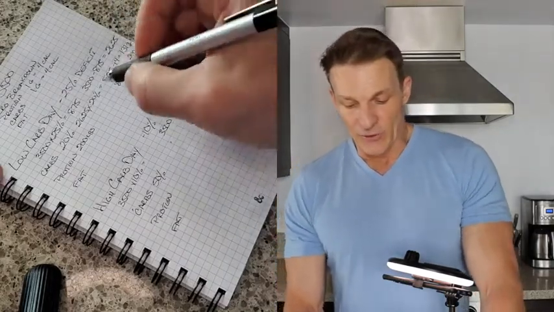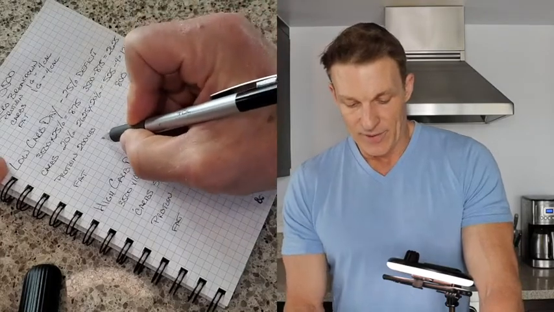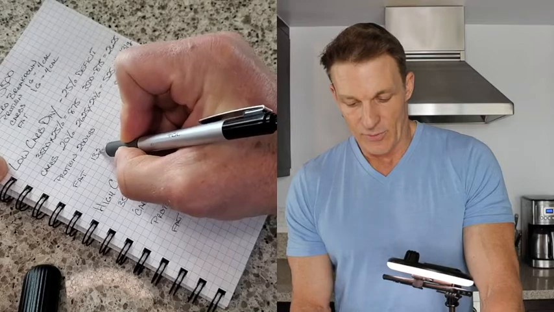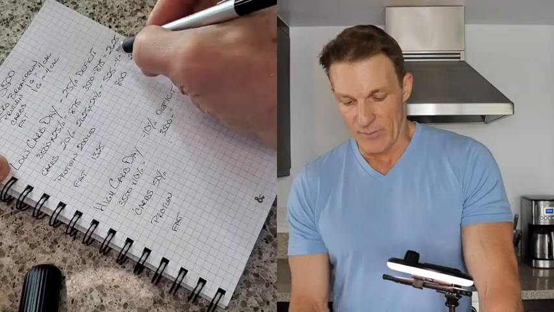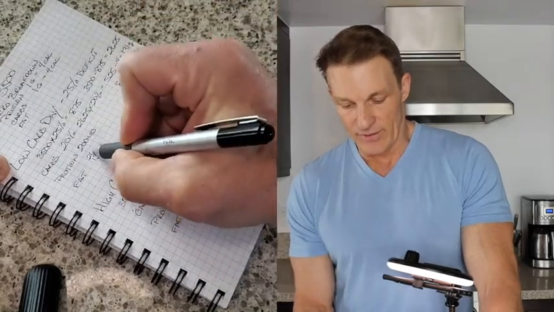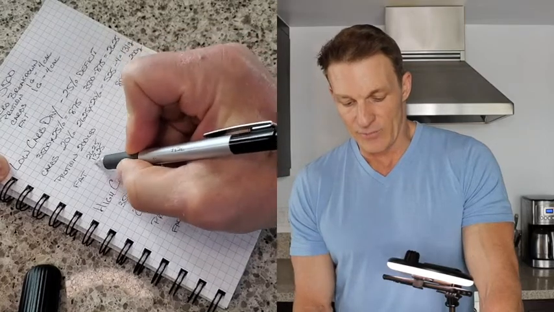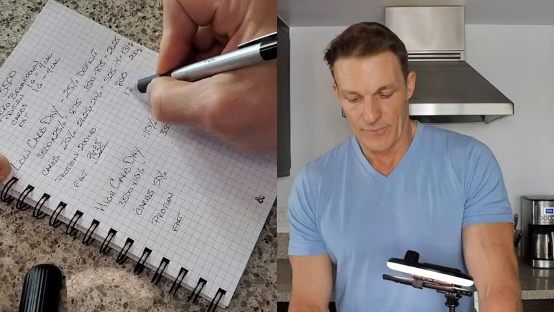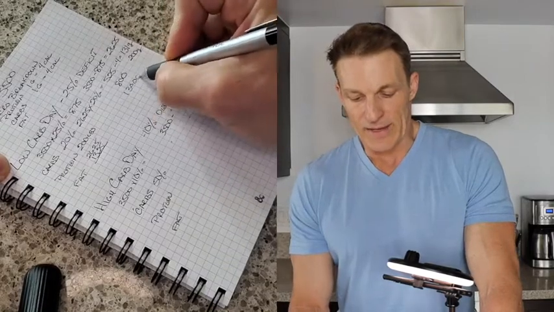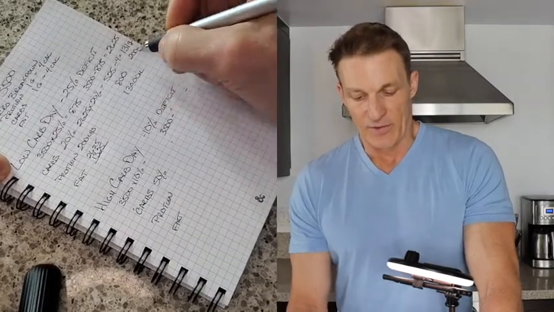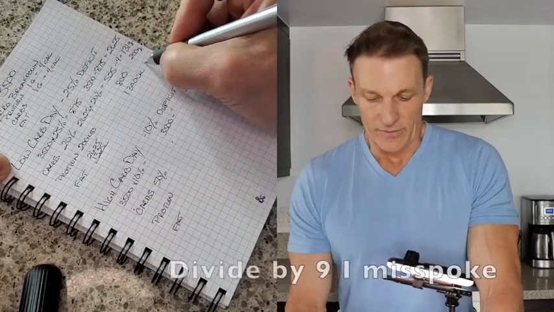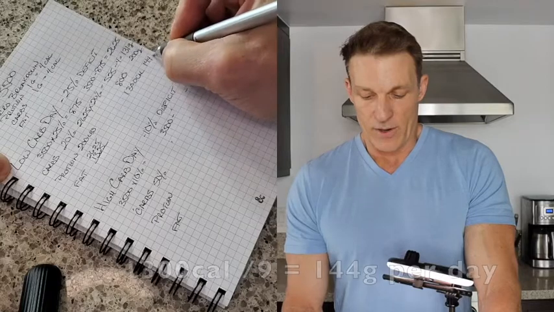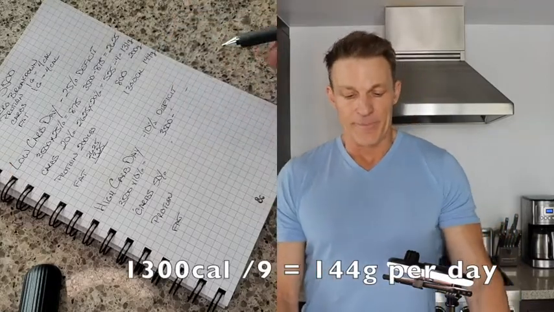If I add those two together, I get 1,325, and then I take my original number of 2,625 and I subtract, and I'm going to get 1,300. So that's my calories of fat in the day. Divide it by 9, and that is 144.4, so we'll just round down to 144 grams of fat.